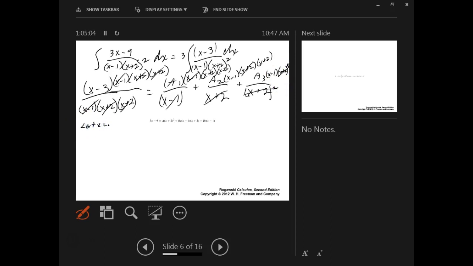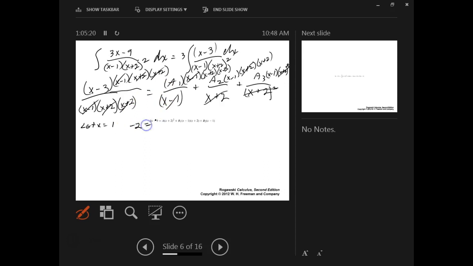Now, what numbers do you want to let them be? 1. Let x equal 1. What's your left-hand side become? Negative 2, is that what I heard? Okay.